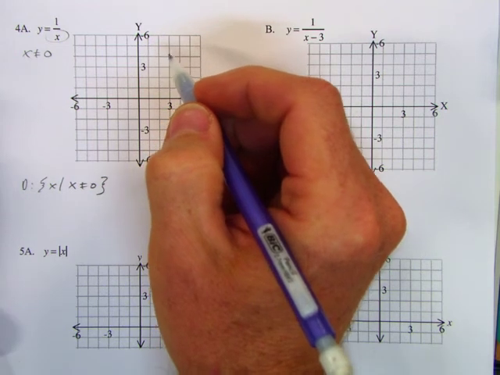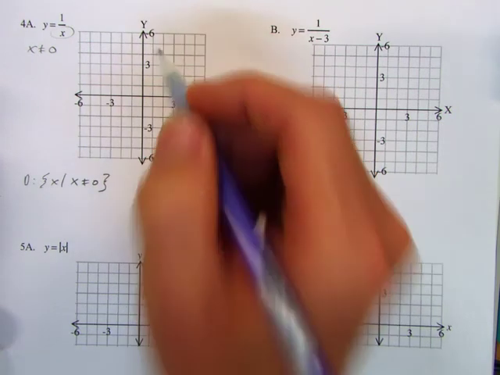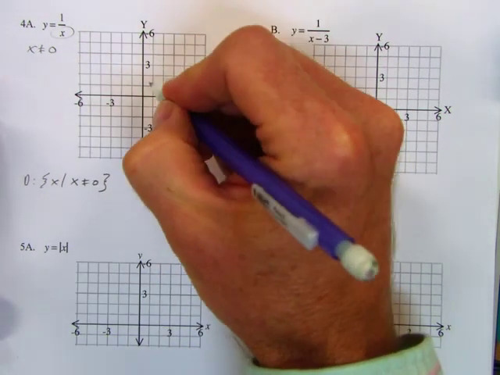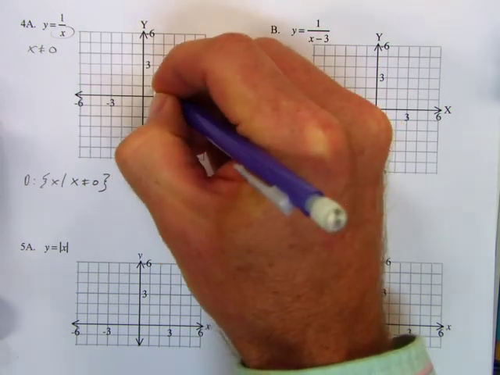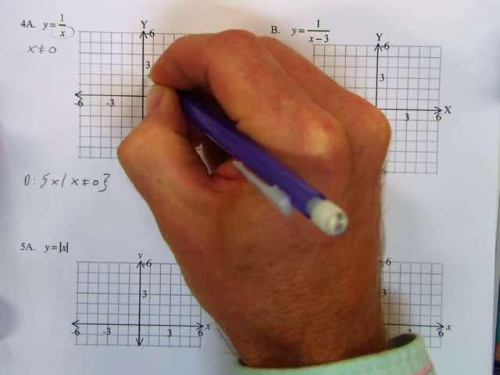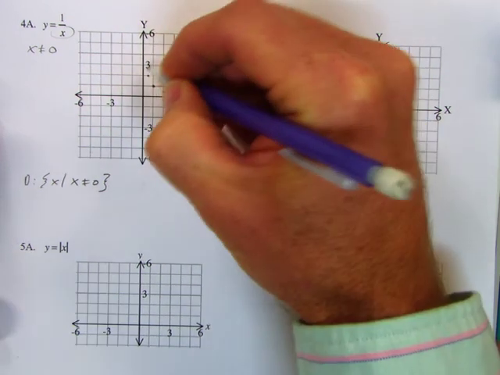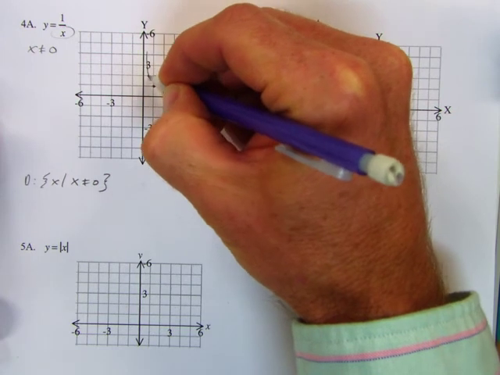What we can do is take a look at the graph of this. If we start plugging in points, if we put in 1, we get 1. If we put in 2, we get a half. And we put in 1/2, we get 2. This should be enough to kind of jar your memory. We looked at this the other day.